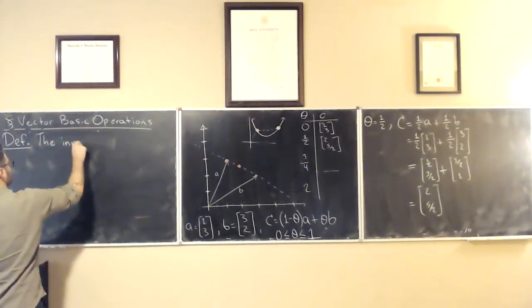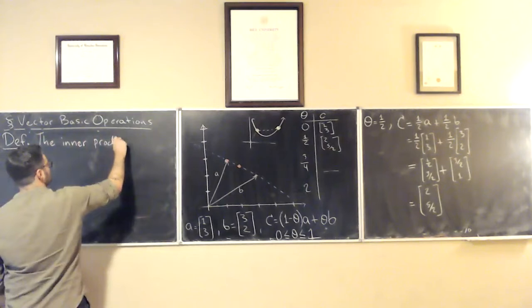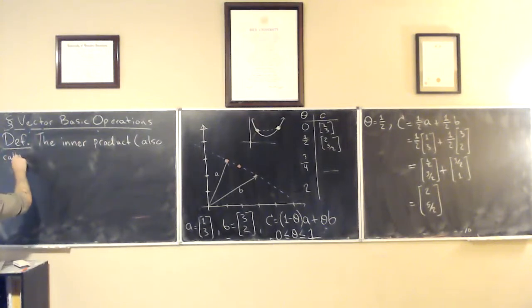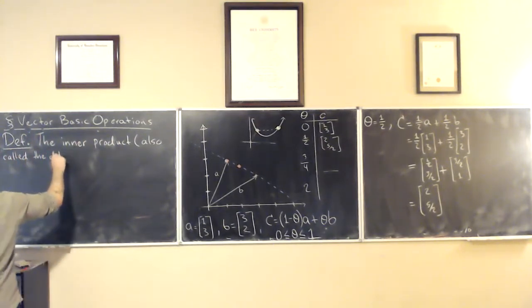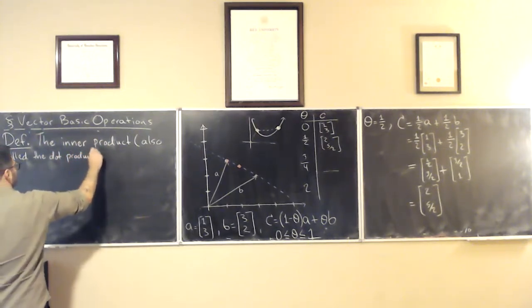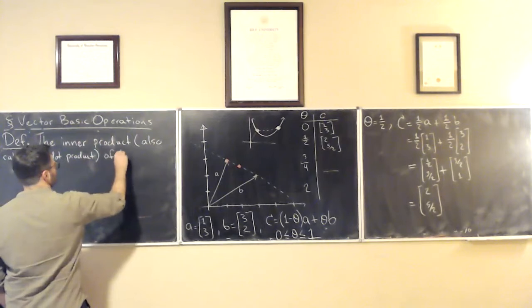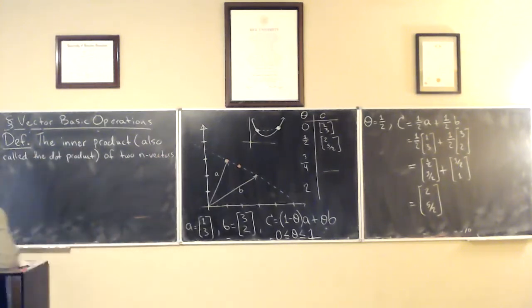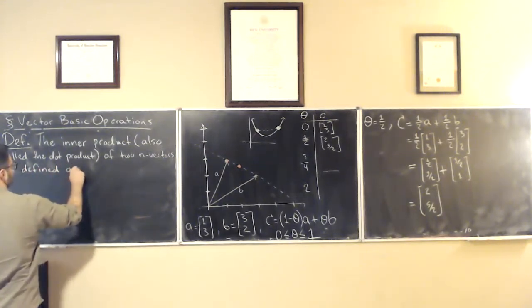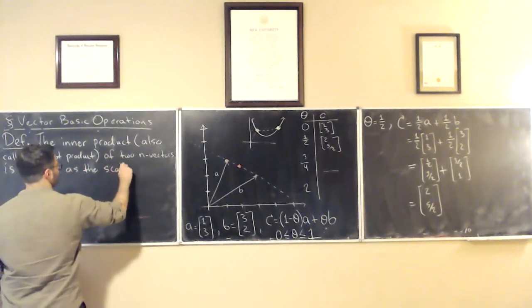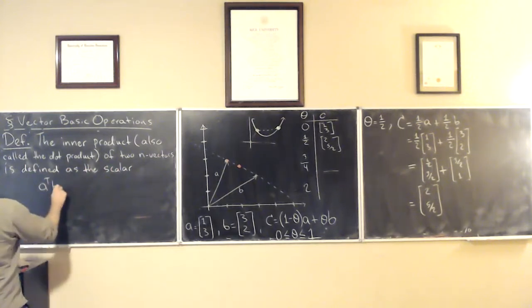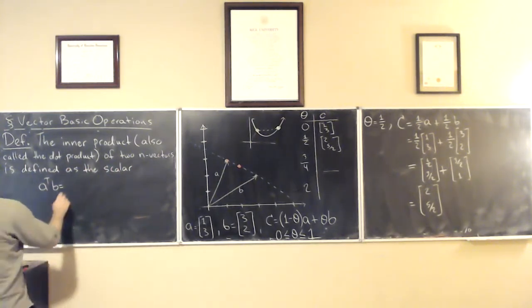So the inner product, also called the dot product, of two n-vectors is defined as the scalar, so we have two vectors A and B. This is the dot product or the inner product.